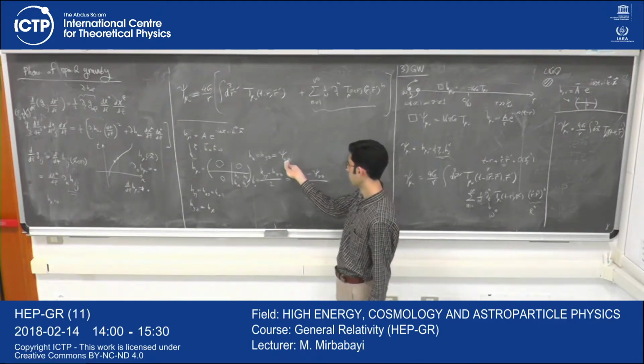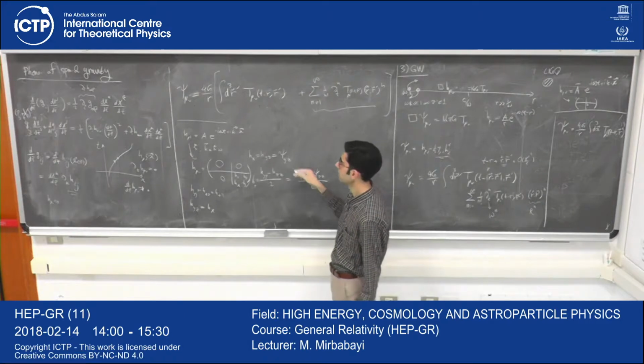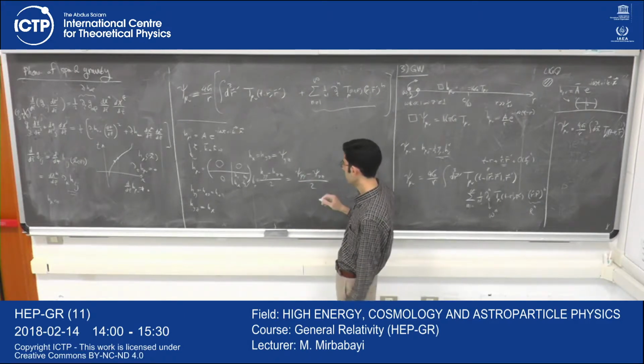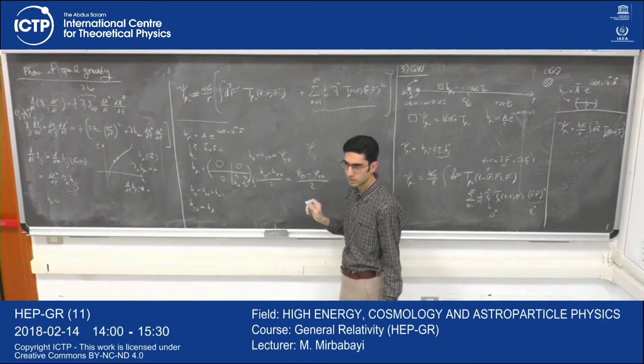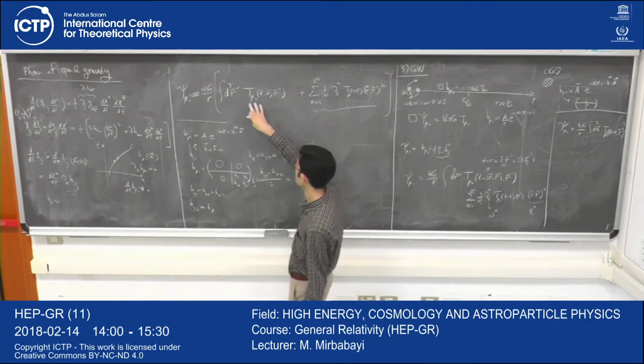Alright, so we are going to look at the yz and this combination of psi, which is given by that formula. In particular, we are interested in the ij component, a spatial component of psi. So that will be Tij.